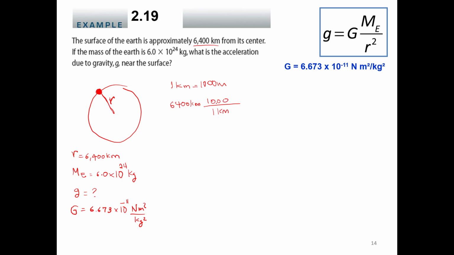And we know this is the correct way to write the conversion factor, because the unit we don't want cancels out, and then we have the unit we want. Then here we can write 6 and 3 more zeros, meters.